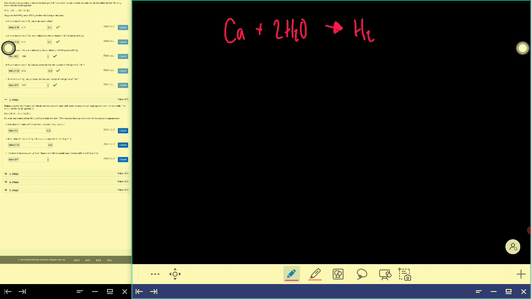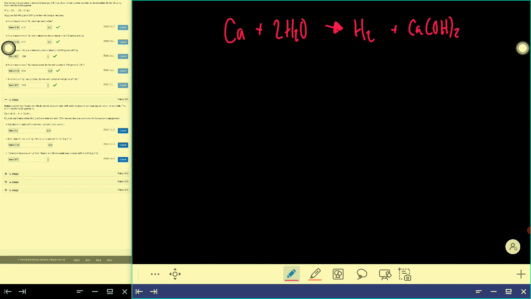By unique, I mean it's just going to form a good base here, which is calcium hydroxide. How fun is that? All right, so we've got H2 gas and calcium hydroxide from calcium, which would be a solid, put in water.